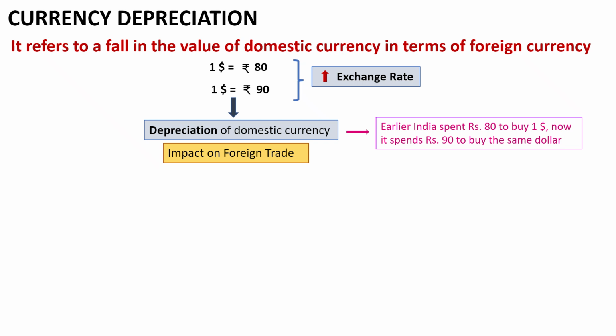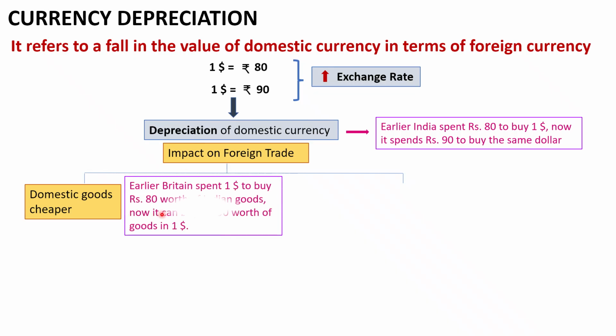Now, what is its impact on foreign trade? Whenever we talk of foreign trade, we talk of exports and imports. So let's study the impact of currency depreciation on India's imports and exports. Domestic goods become cheaper due to depreciation in the value of rupee.